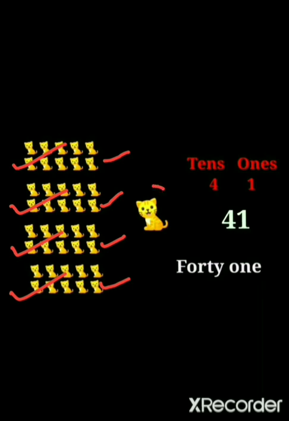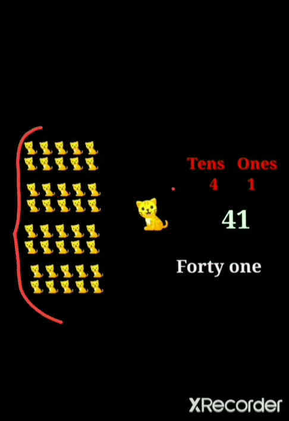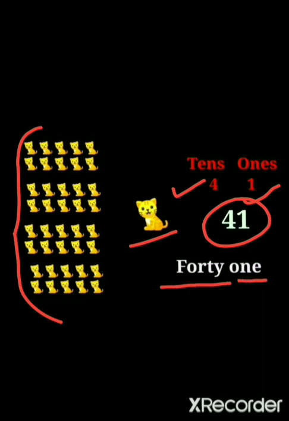And here you can see 1 cat. So for 40 you will write 4 tens, and for 1 cat you will write 1 one. The number is 41 and the spelling is FORTY-ONE, 41.